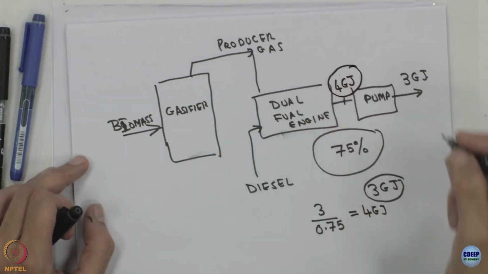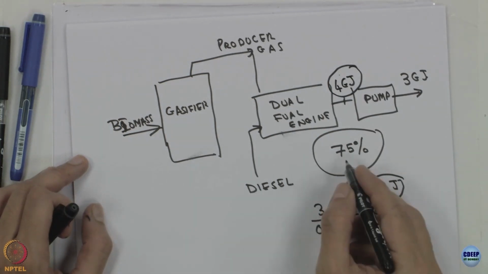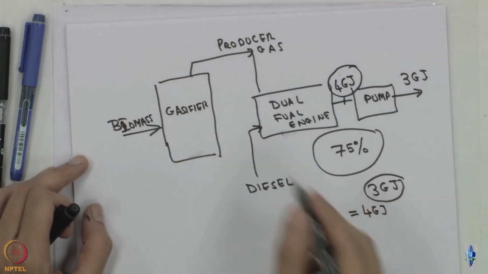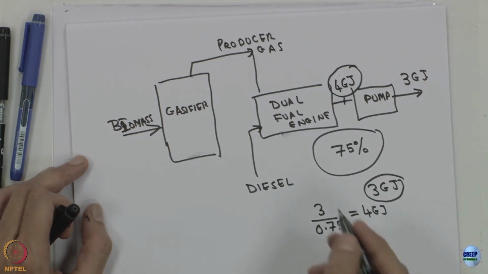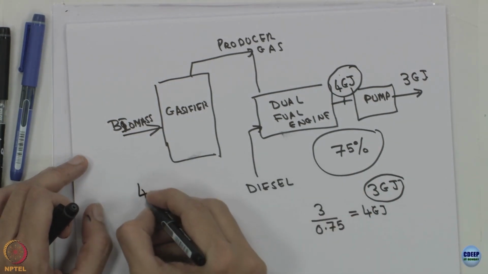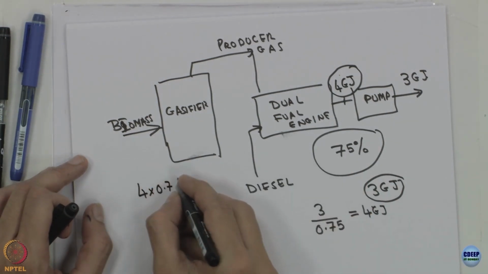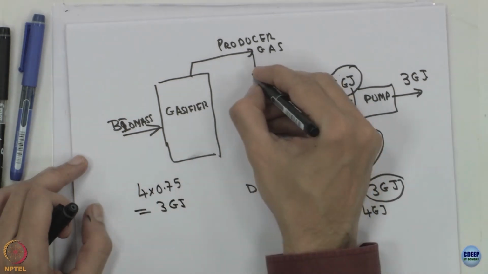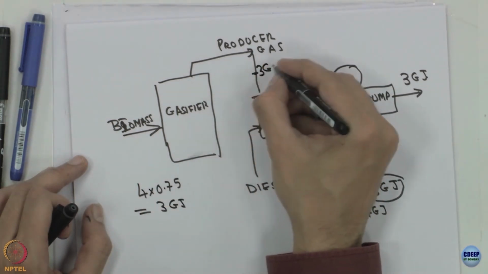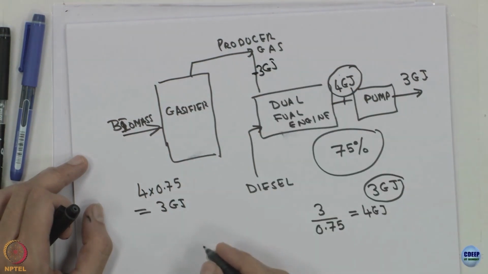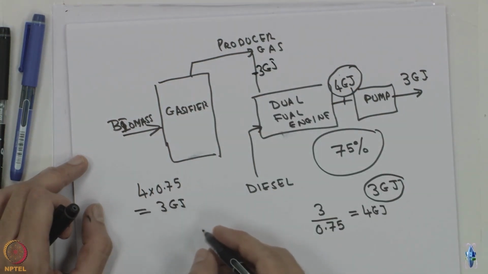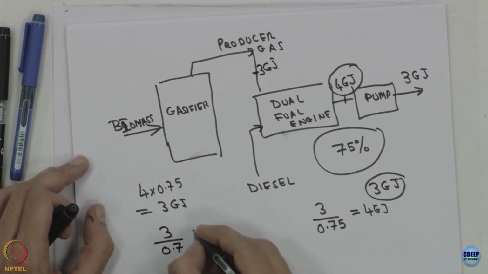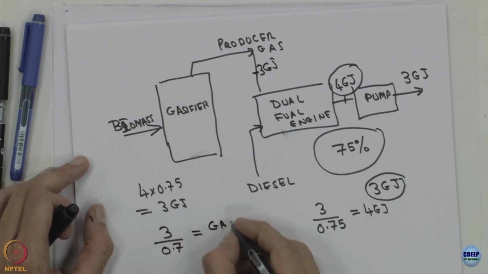Now from the 4 gigajoules, let us say by energy terms 75% will be provided from the biomass gasifier. So 4 into 0.75 turns out to be 3 gigajoules as the output of this producer gas. The efficiency of the gasifier is 0.7, so we can do 3 divided by 0.7 for the gasifier input.